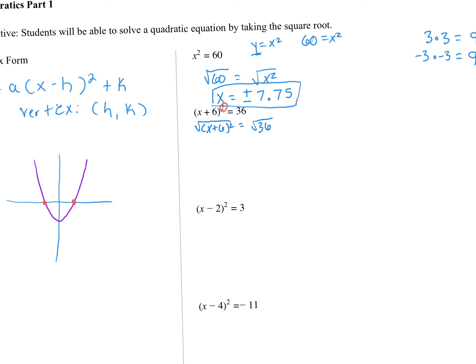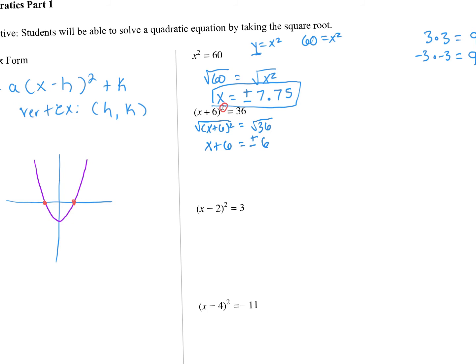So I'm going to take the square root of x plus 6, and since this is squared and we're taking the square root of that, it cancels out that squared sign. So it just becomes x plus 6, and on the other side, if we punch in our calculator the square root of 36, that is just plain old 6, but it's not just 6. Our answer is plus or minus 6.